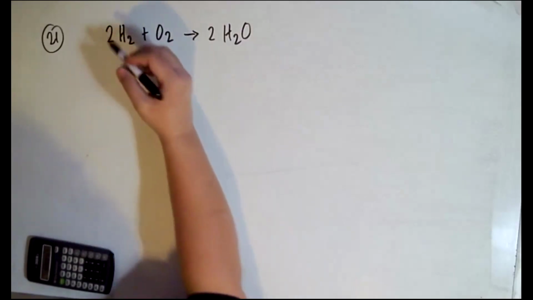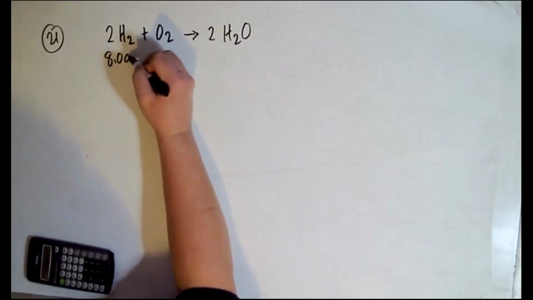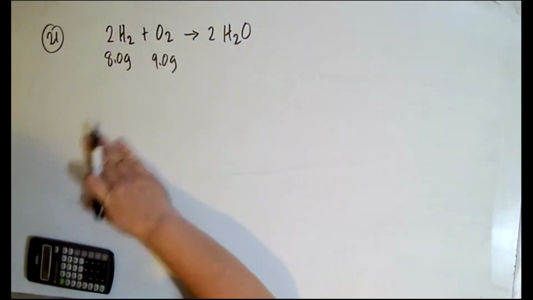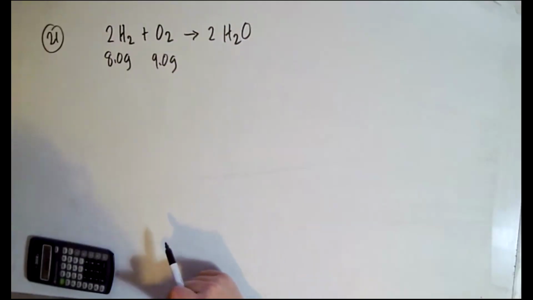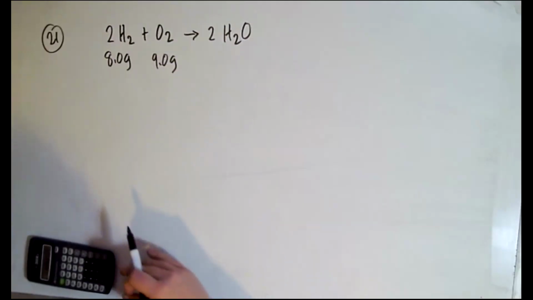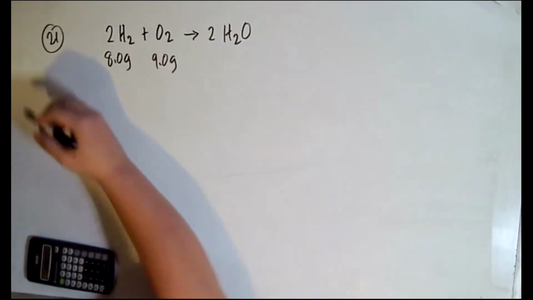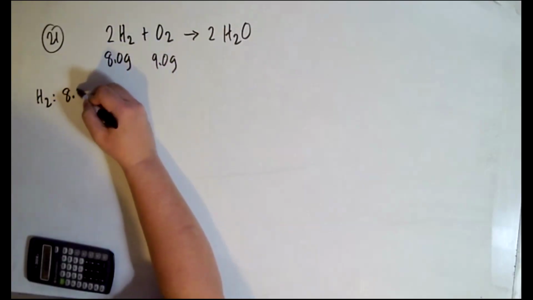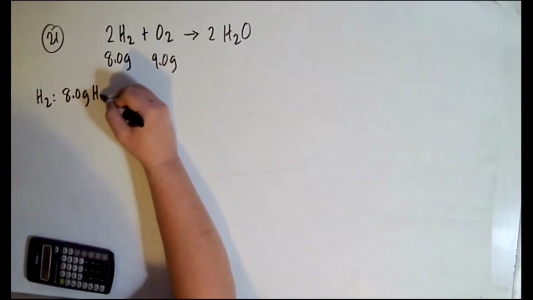So we're going to be starting with 8 grams of H2 and 9 grams of O2. We should be able to figure out the limiting reactant from both of those values. Okay. We'll start out with H2. So we have 8 grams of H2.